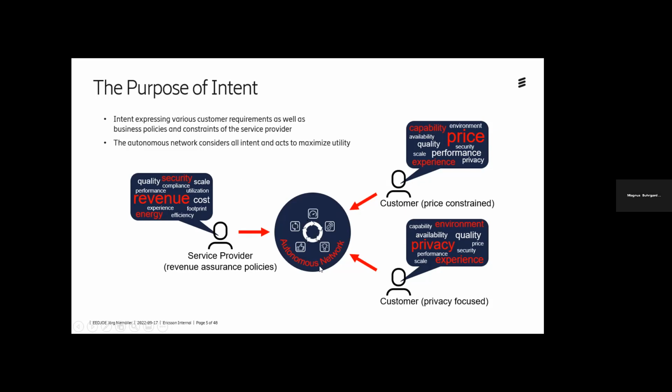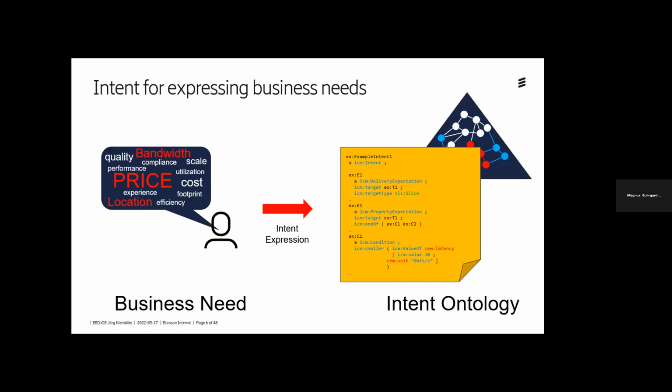And I changed the slide here. I hope you saw that it didn't get stuck. So the most important thing here is maybe the intent for expressing business needs. There is an intent expression from the user, and that is then transformed into something called the intent ontology. An ontology is a grouping of expectations and how they are related.